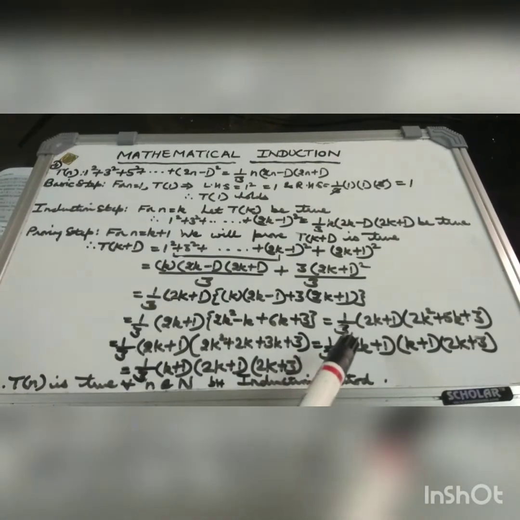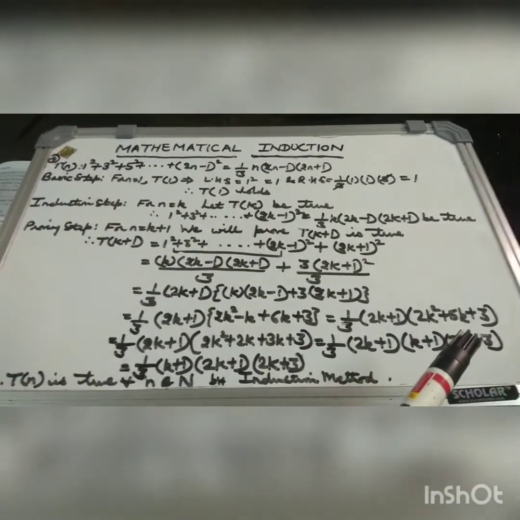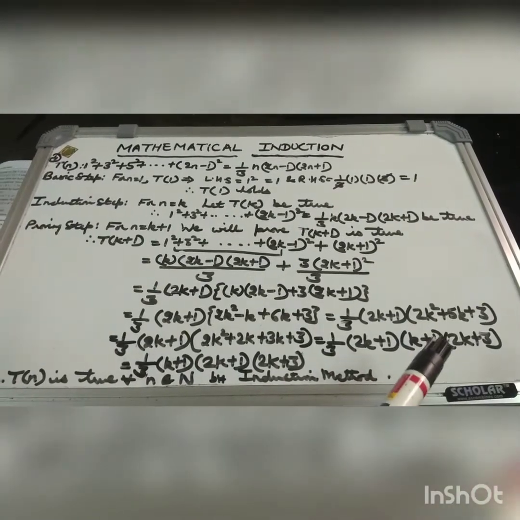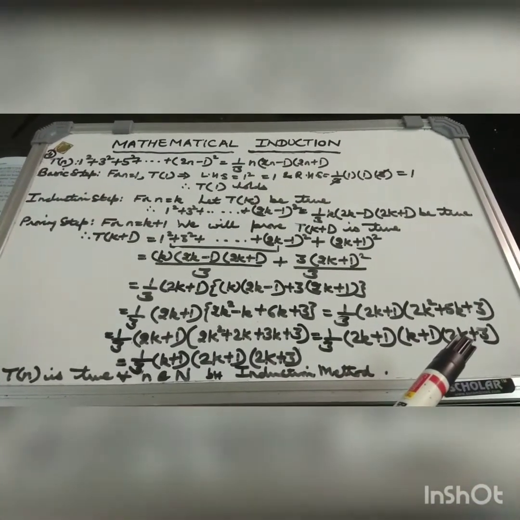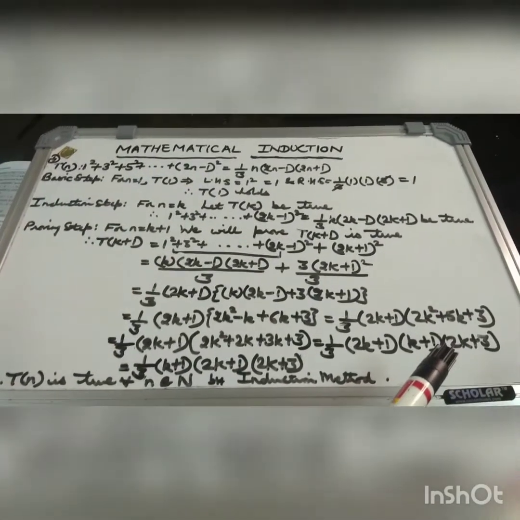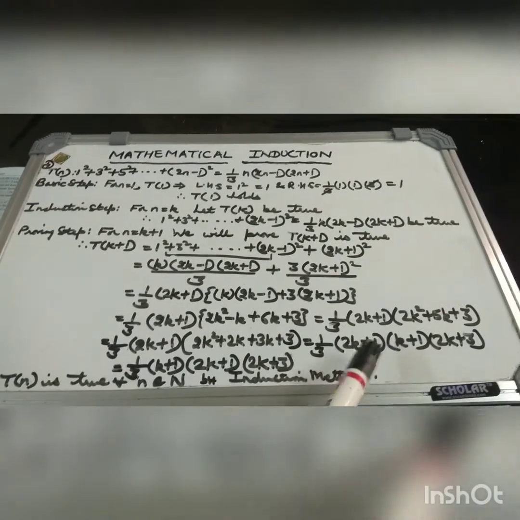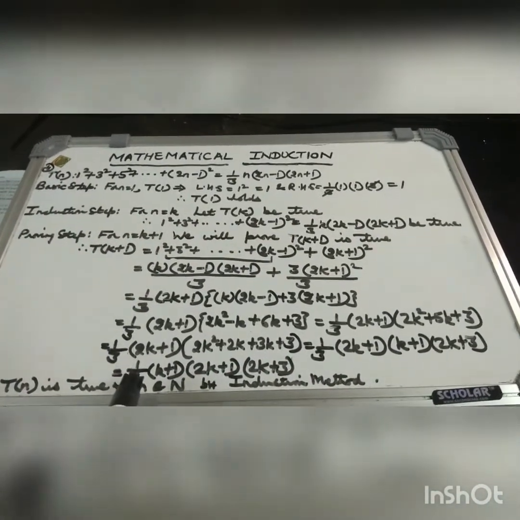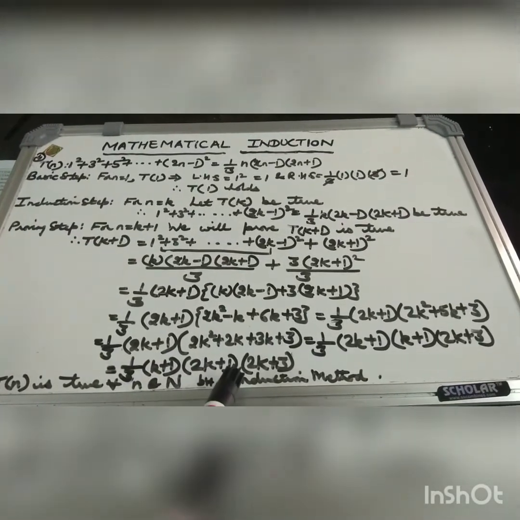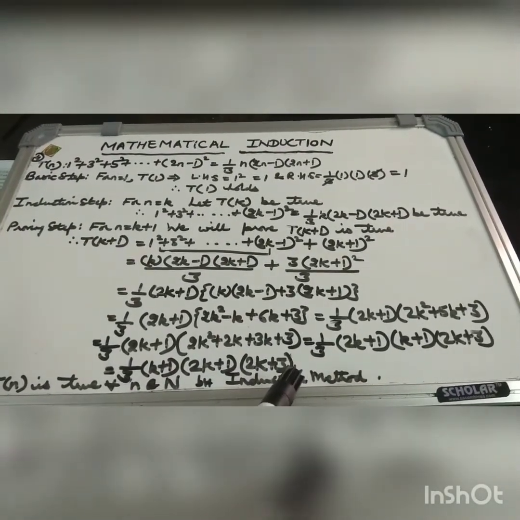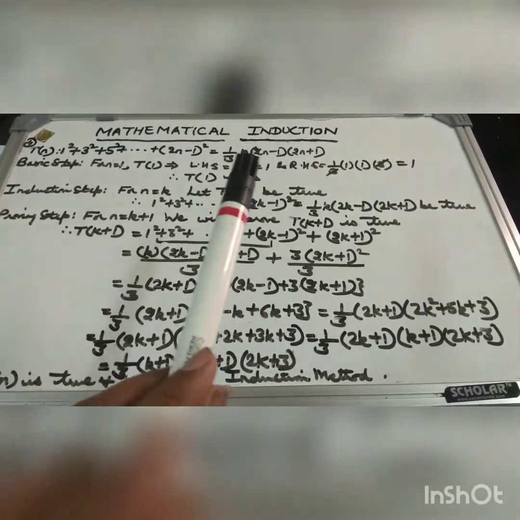So 1 by 3, (2k plus 1) into (2k square plus 5k plus 3) could be broken up as 2 factors, (k plus 1) into (2k plus 3). Quadratic expression, you all know how to break it up. Now, rearranging the terms, 1 by 3 (k plus 1) into (2k plus 1) into (2k plus 3). Now, this is what is actually the right hand side required.